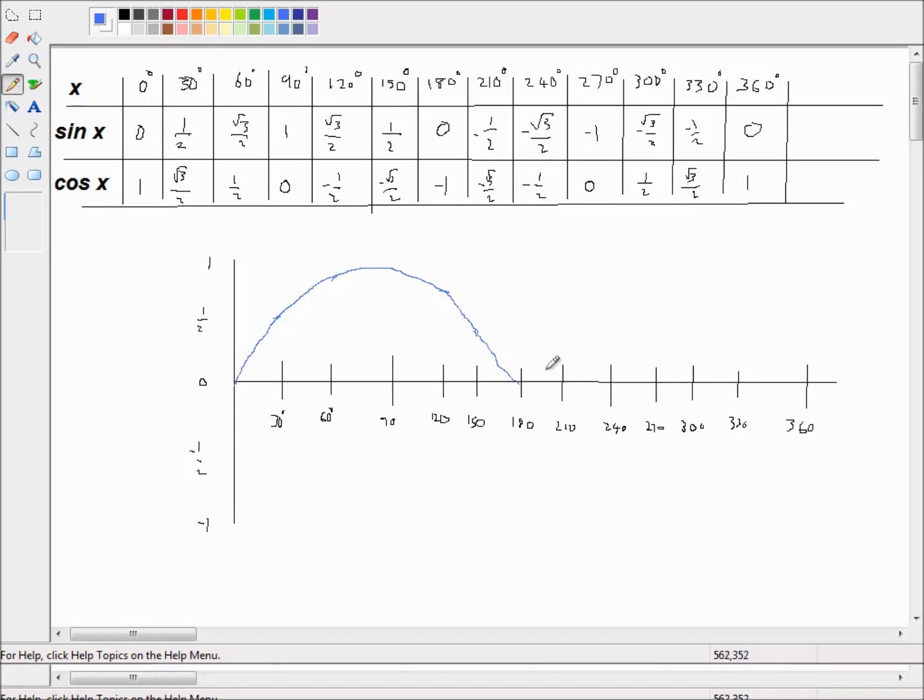And then 210 degrees it's negative a half. 240 degrees we're at negative root 3 over 2. So we're smoothing out again as we get closer to negative 1. 270 degrees we're at negative 1.